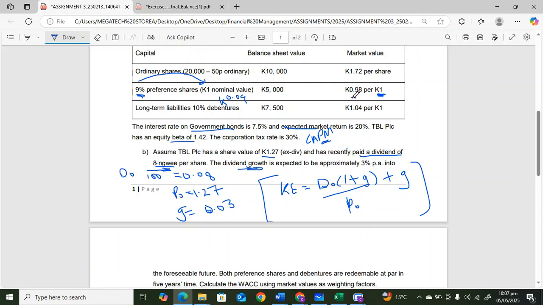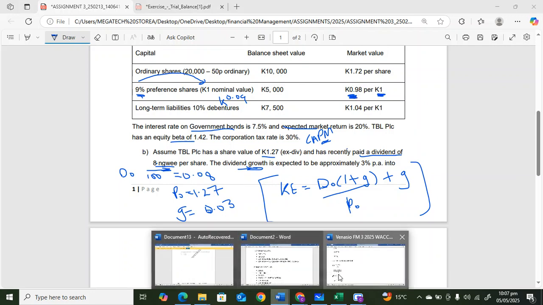Market price is 0.98 kwacha. So you just need 3 figures: the dividend for the preference shares, the market price for each share, and the nominal value, the par value for each share. And you just substitute.